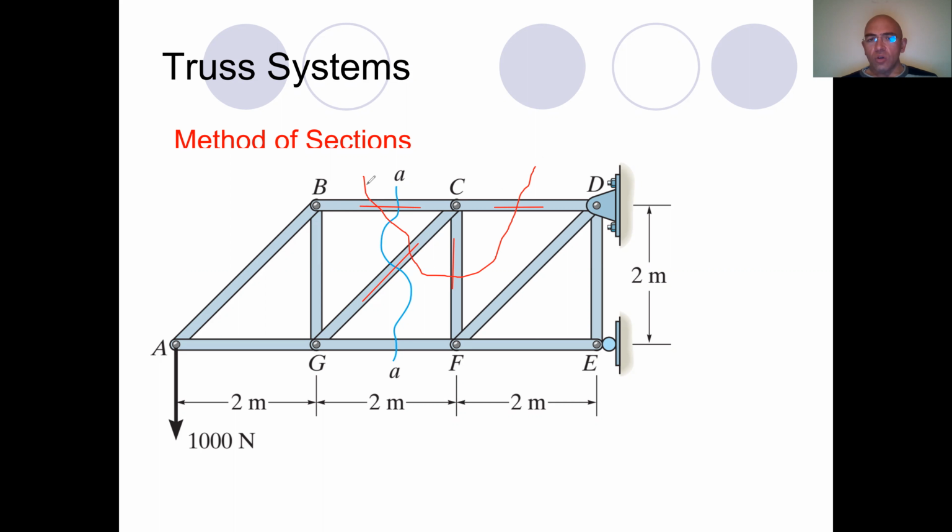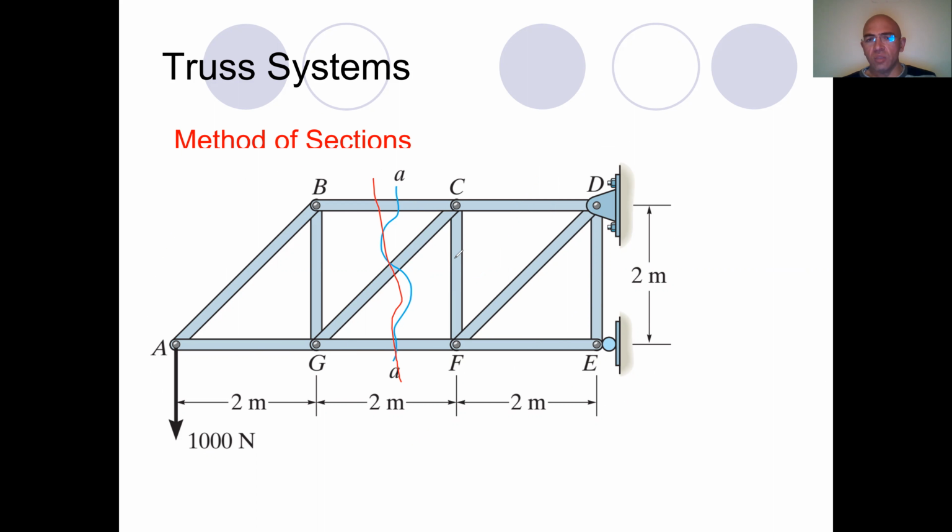In fact, your cutting line should cross 3 members each time. This is the most proper choice. So it is better to first cut like this and find these 3 members.